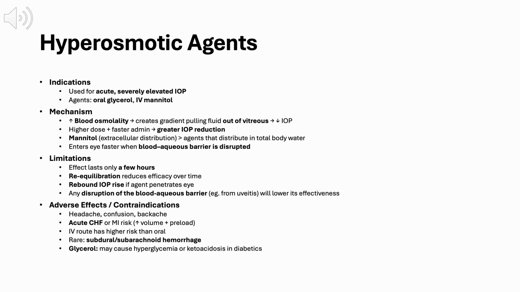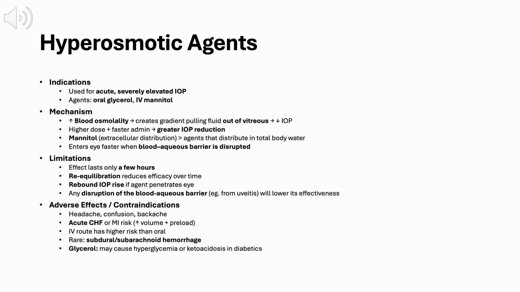However, their effect is temporary, lasting only a few hours. As plasma and intraocular osmolarities equilibrate, efficacy wanes, and if the agent later diffuses back into the eye, a rebound IOP rise can occur. These drugs also lose potency in conditions where the blood-aqueous barrier is already compromised, such as uveitis.